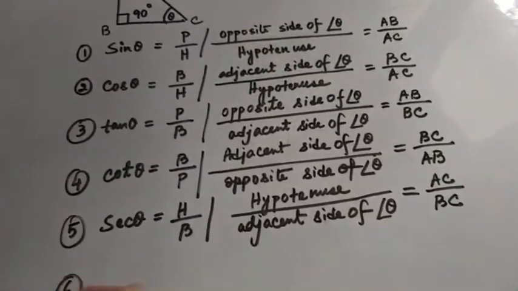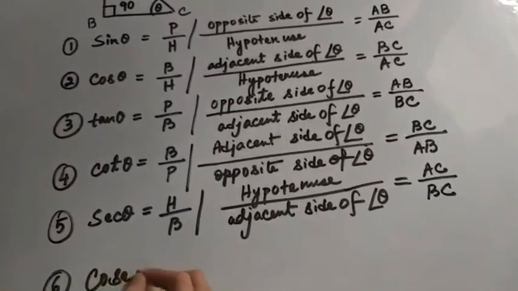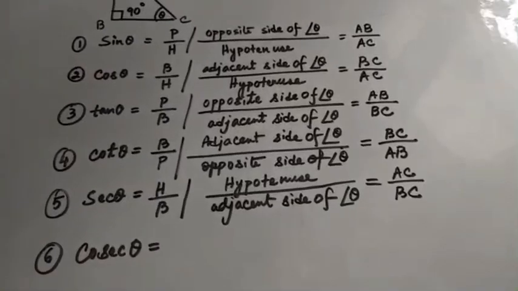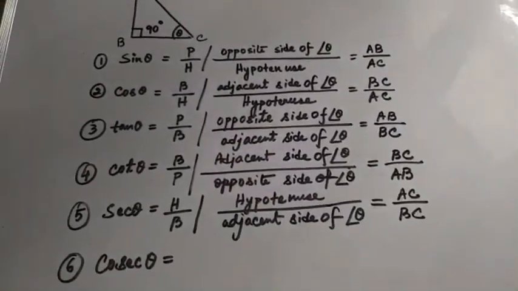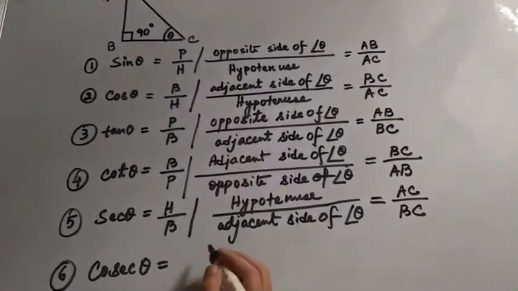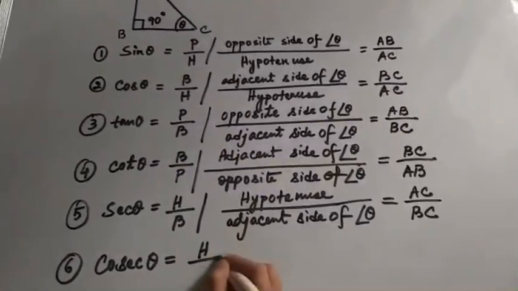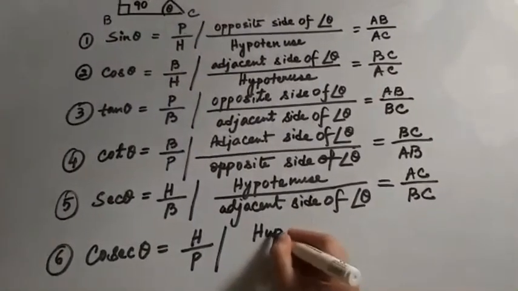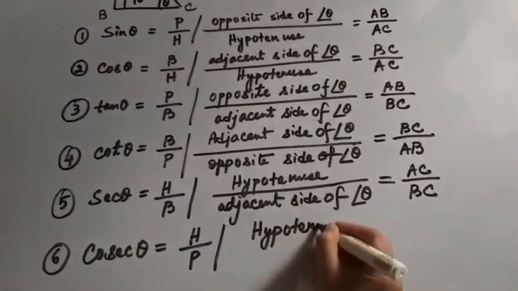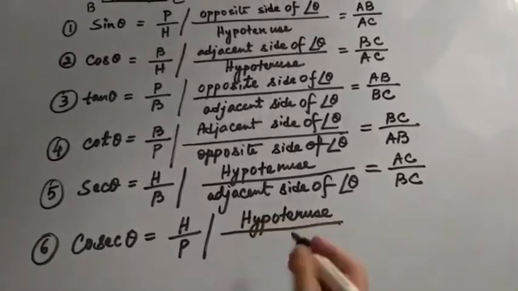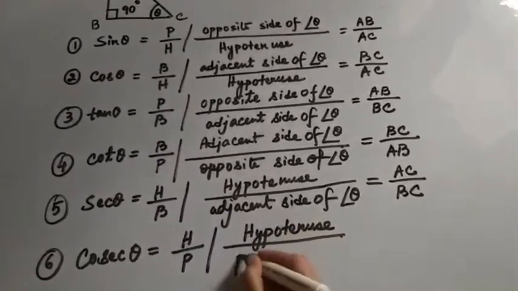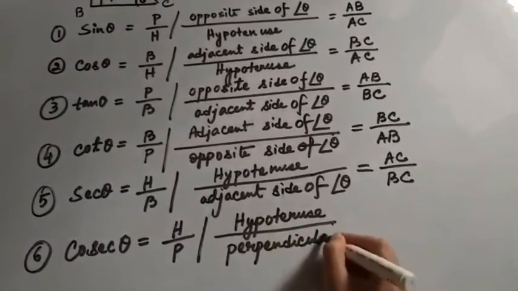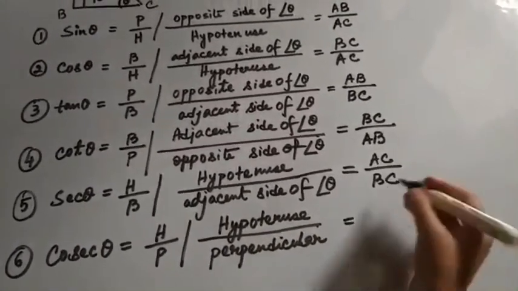Next, number 6, cosec theta. Cosec theta is the reciprocal of sin theta. That means it will be hypotenuse by perpendicular. Hypotenuse divided by perpendicular. That means it will be AC.